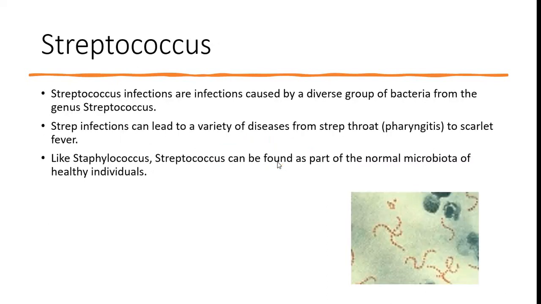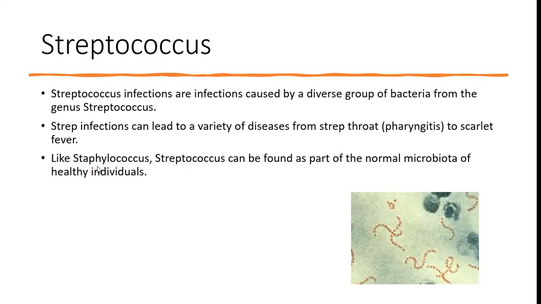Now let's swap gears and talk a little bit generally again about the streptococcus infections. Similar to what we discussed with staph, strep is going to be found on the body as part of its normal microbiota, in particular in the nasal cavity. It can be found on skin as well.